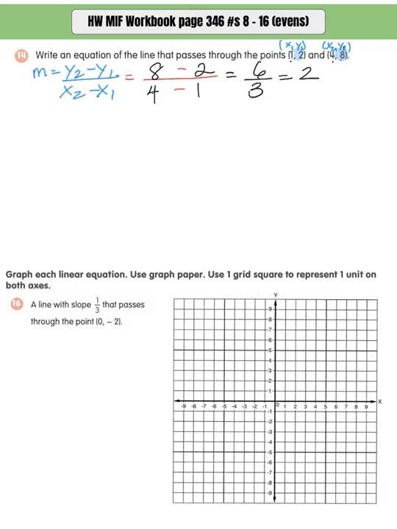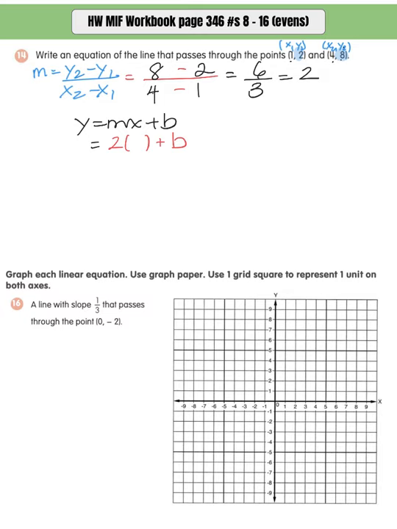So now we have the slope, but I still need the y-intercept. So going back to here, we are starting with y equals mx plus b, and we're going to substitute. So here I have the slope is 2. We want b, so we already have the points, so we have 2 points, and now let's pick one of the points.